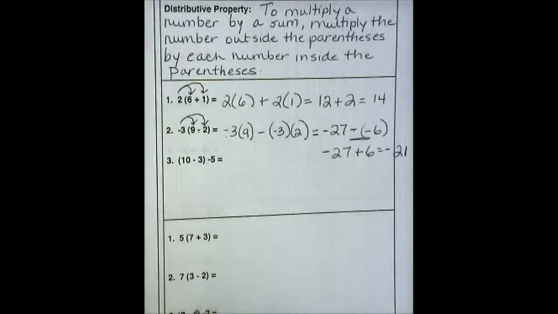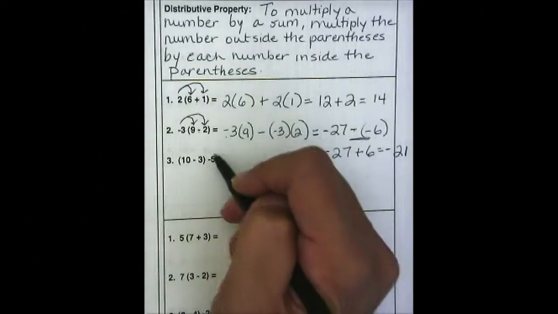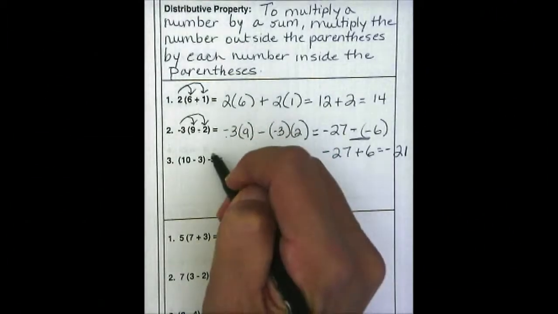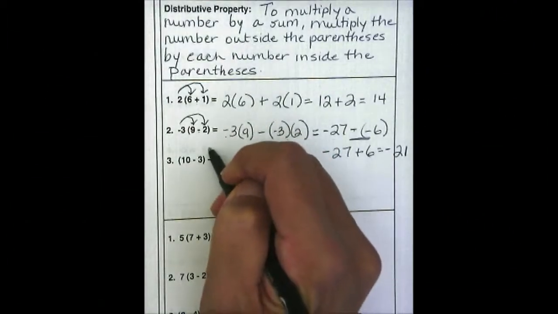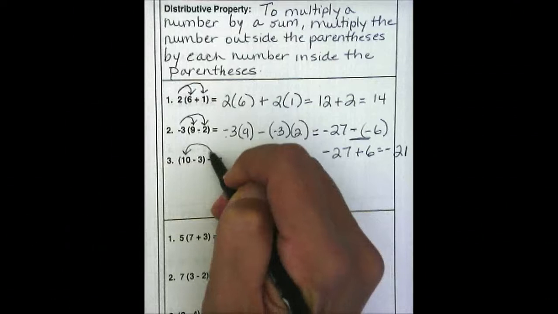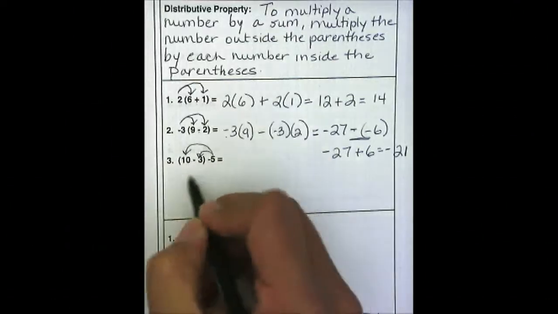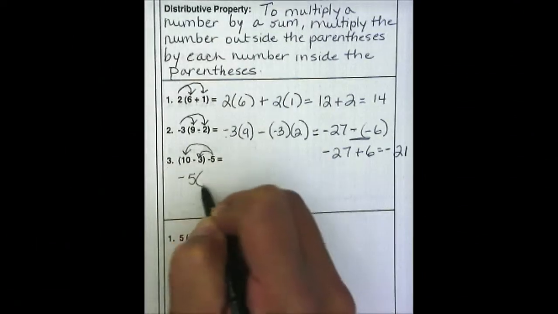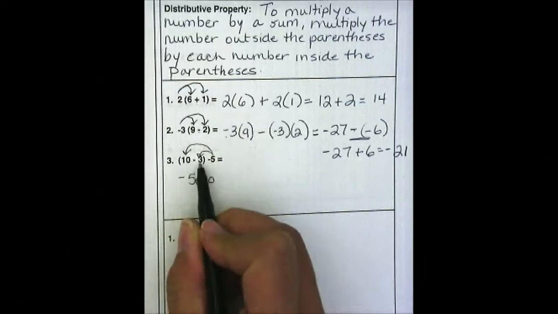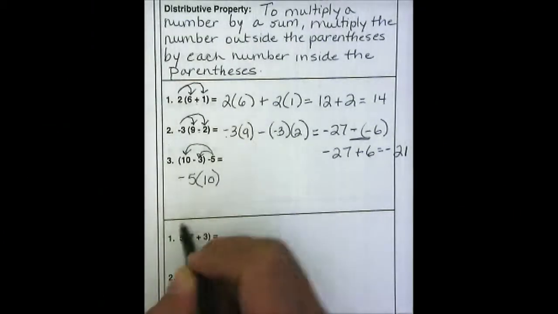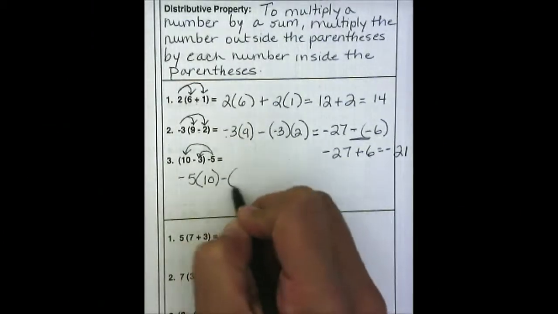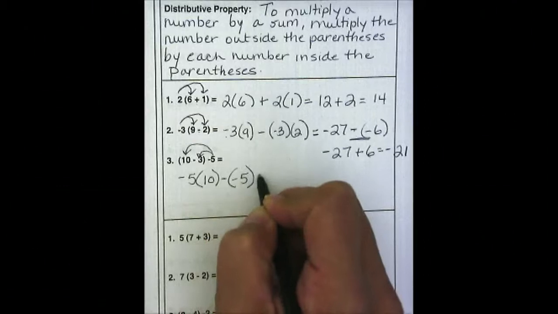Let's look at number 3. This time the number outside the parentheses is on the right rather than the left. It doesn't work any differently, except that you do need to make sure you do them in order. So we're going to take what's on the outside by what's on the inside. So negative 5 times 10, we're always going to go left to right, even though that number's outside. Negative 5 times 10 minus negative 5 times 3.